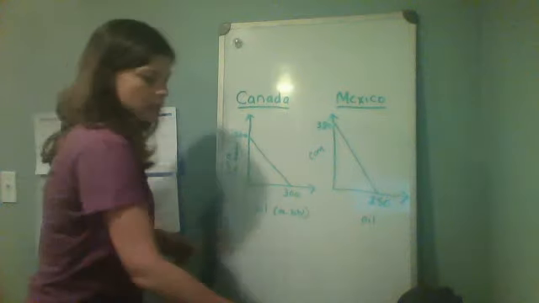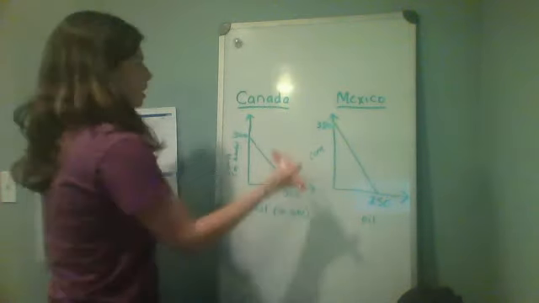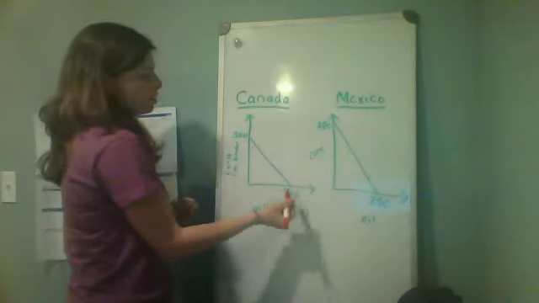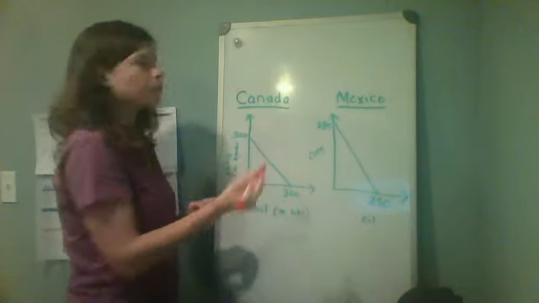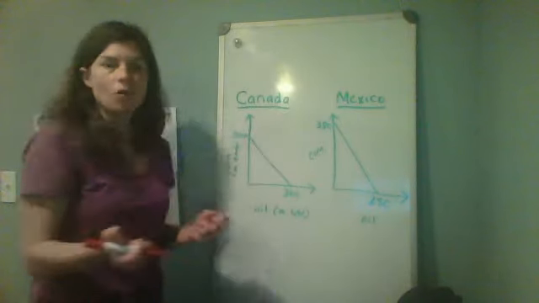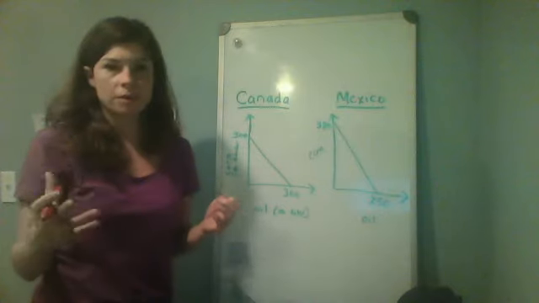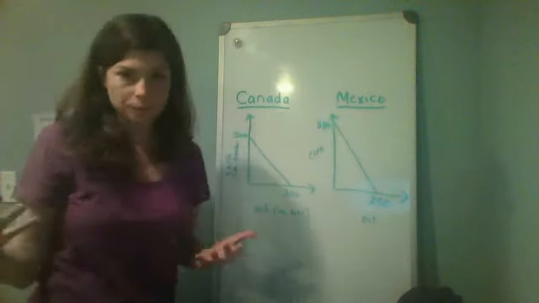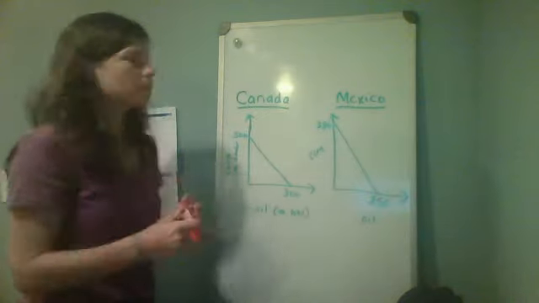So in Canada's case, and I'll change colors so hopefully you can all see this, in order to get 300 barrels of oil, they have to give up 300 bushels of corn. So think of this as the price of oil for Canada in terms of corn. How much does it cost them to give up?